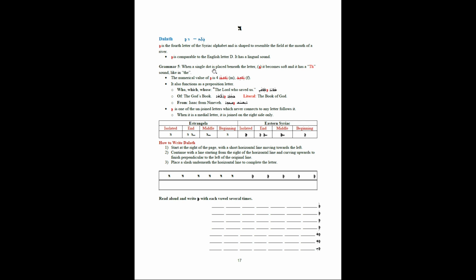When a single dot is placed beneath the letter Dalath, it becomes soft and has the TH sound, like in the English word the. The numeric value of Dalath is 4, arba for male, arbe for female.